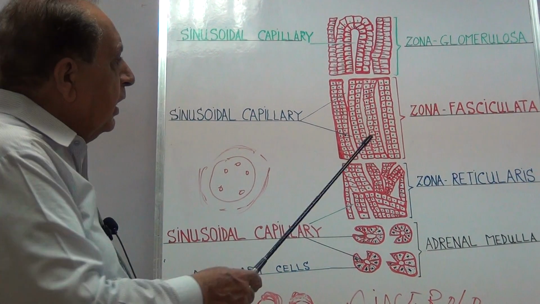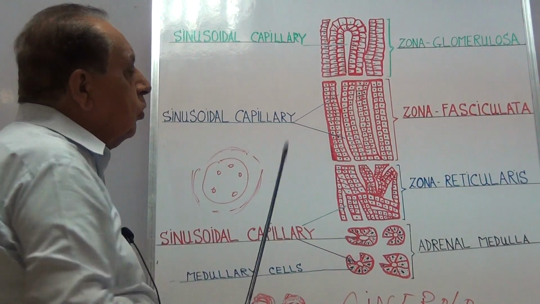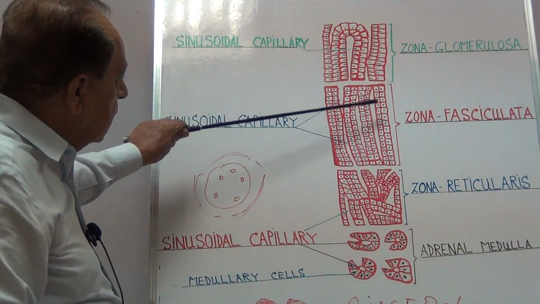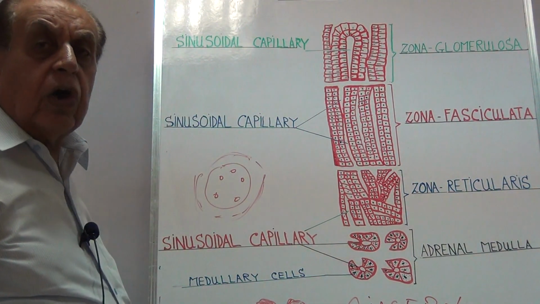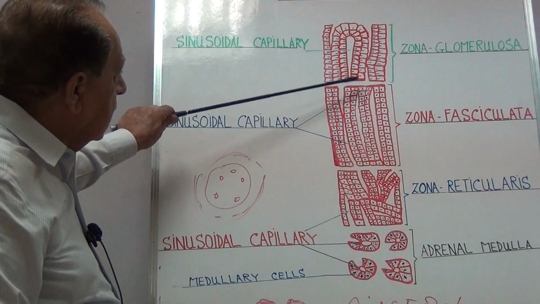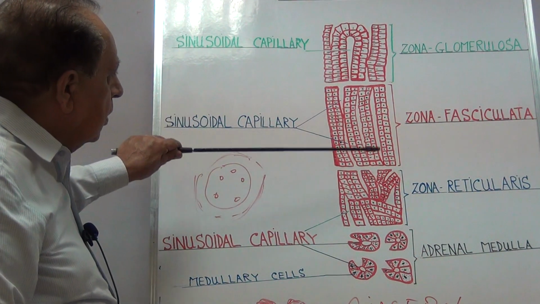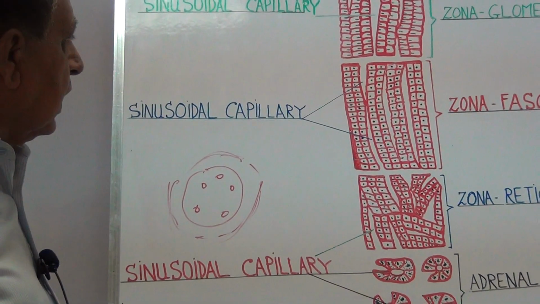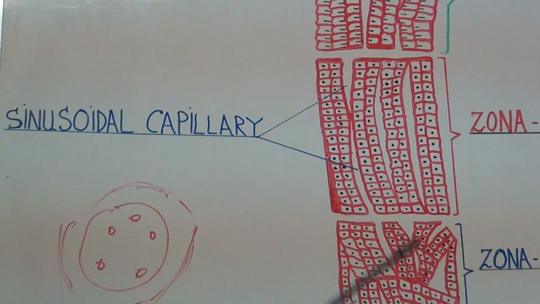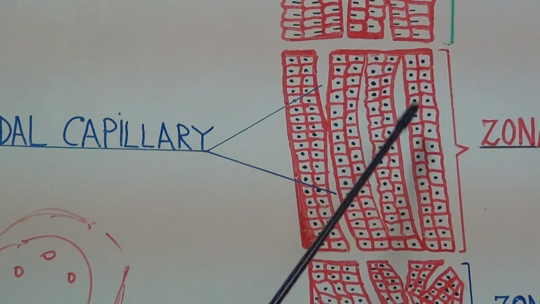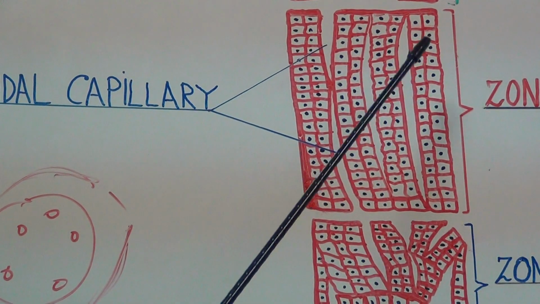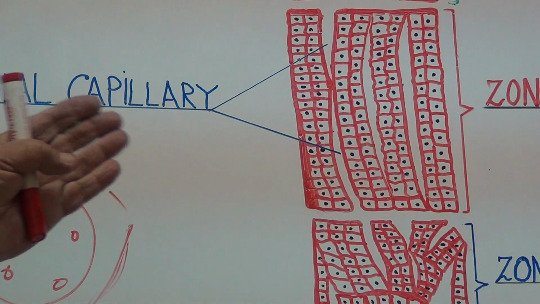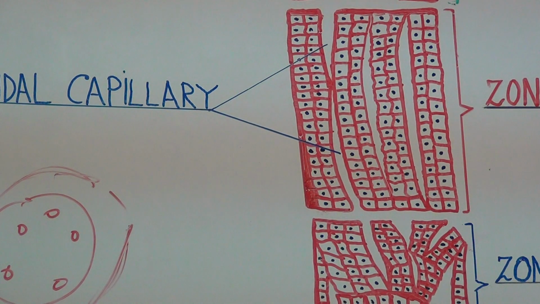The second layer is the zona fasciculata. Now this zona fasciculata has elongated cords, and this one is the thickest layer of the cortex. Here in zona fasciculata, the cords are elongated, and their cells are cuboidal cells.